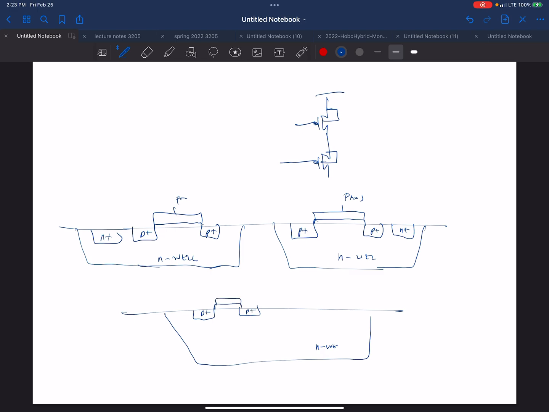I'm sort of cheating here with drawing it like this, because there's rules that say if you have separate wells, they have to be separated by a certain distance. So it's making your circuit bigger. So if I draw it like this, it is physically on your chip much bigger than this.